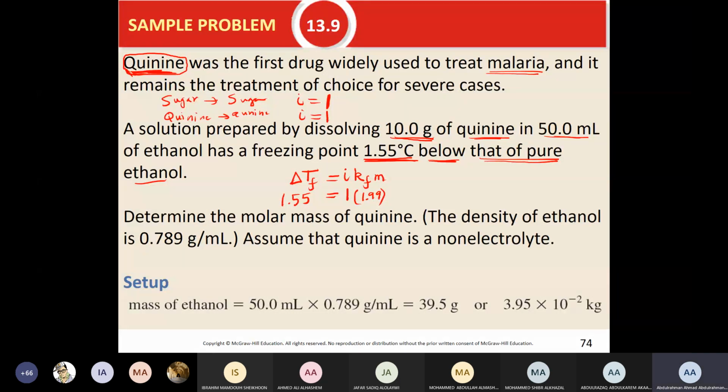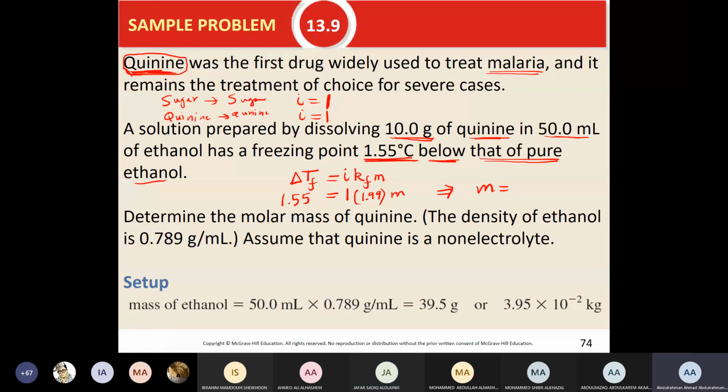We don't know the molality. Calculate the molality. Go ahead, give me the answer. 0.77.